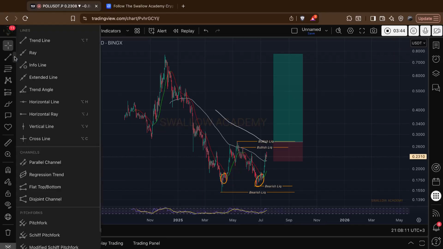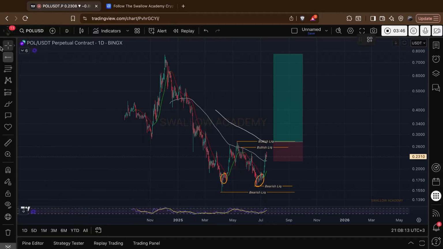Not going to put any lines, but just so you understand, this area here, which is like 0.34 cents, then 0.42 cents, 0.50 cents, and this liquidity zone would be the final target, which is like 67 cents.